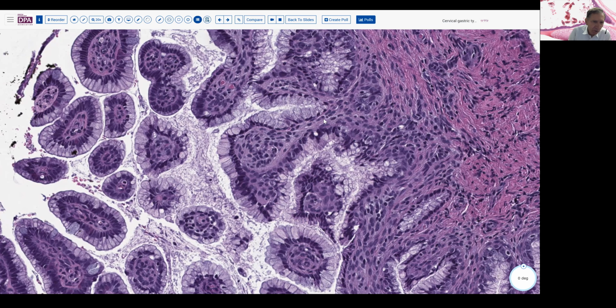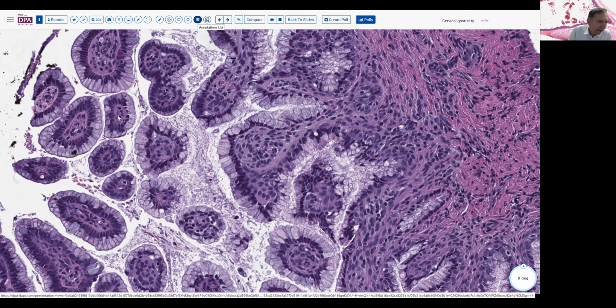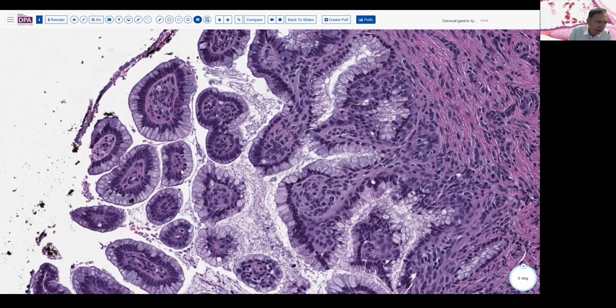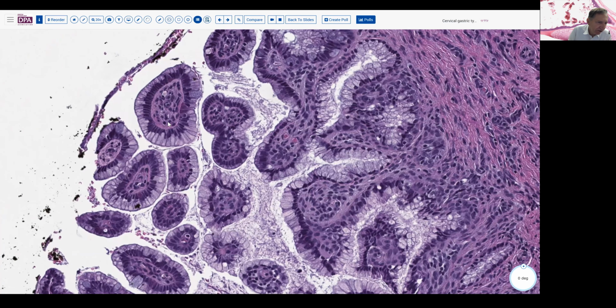And so we might say, well, is this an in situ version of gastric type adenocarcinoma? Well, in making that diagnosis, there are really only two things that can help you. One is the identification of mitotic figures, and the other would be a very mild degree of nuclear atypia.